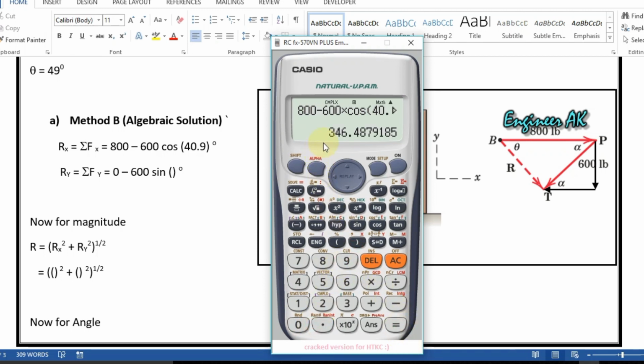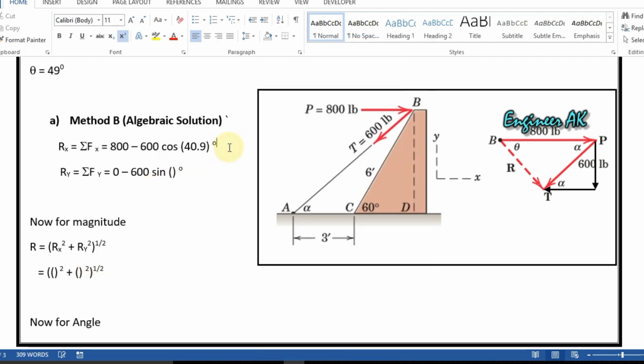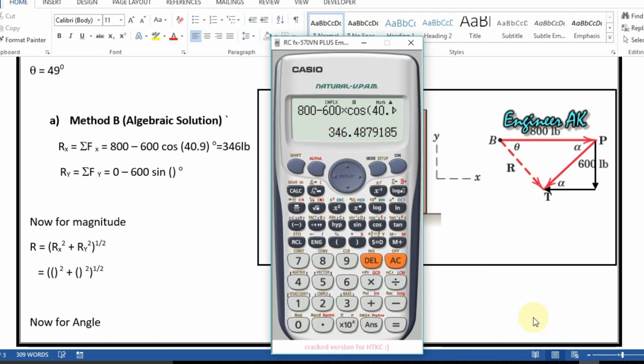It is giving me the value of 346, right? 346 pounds. So we can mention here, it was giving us 346 pounds.